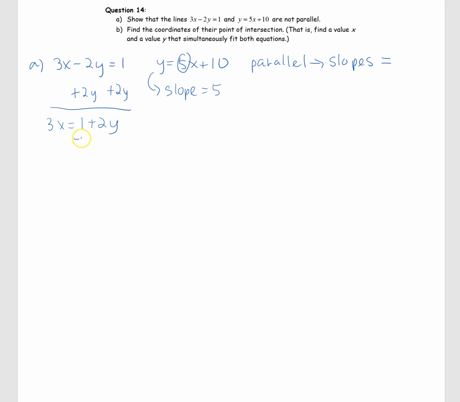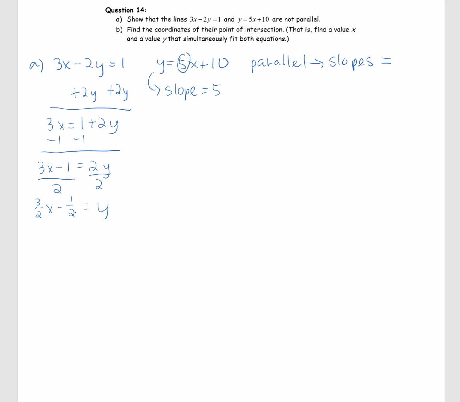Now I'm going to subtract 1 on both sides. This gives me 3x minus 1 equals 2y. And now I'm going to divide both sides by 2, which gives me y equals 3/2 x minus 1/2.